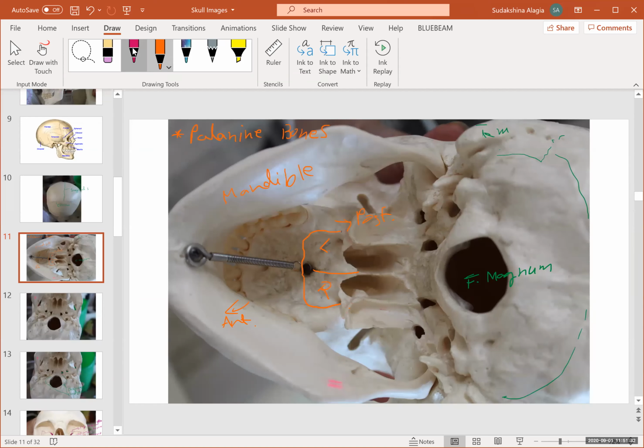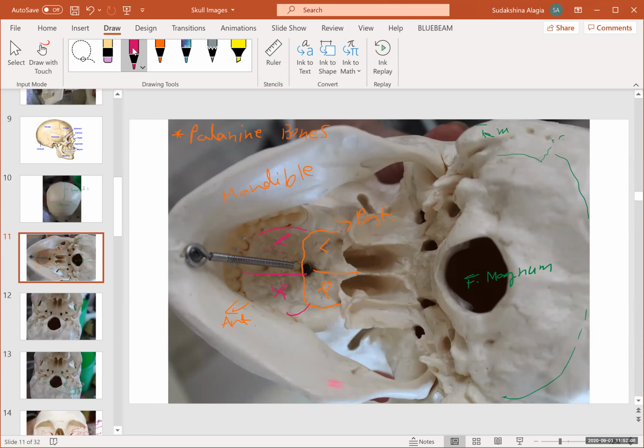What is the palatine process then? Just like the temporal process and zygomatic process, it is named after which bone it meets with. The part of the maxillary bone that meets up with the palatine bone is referred to as the palatine process. So where would that be? The rest of the palate. This is one, this is the other, because we are looking at two maxillary bones, one on the left, one on the right.